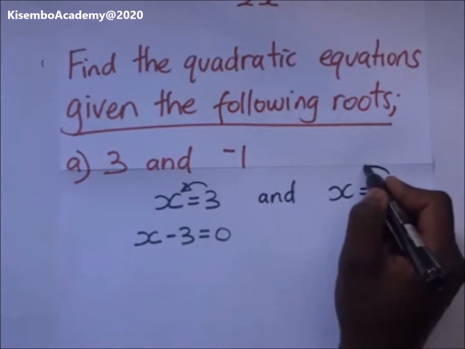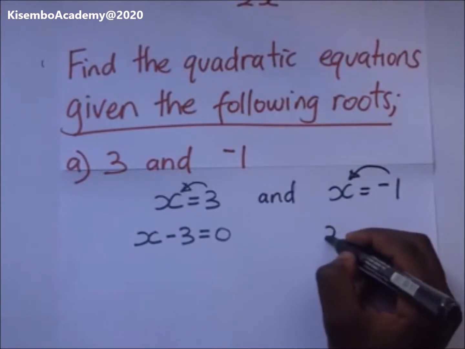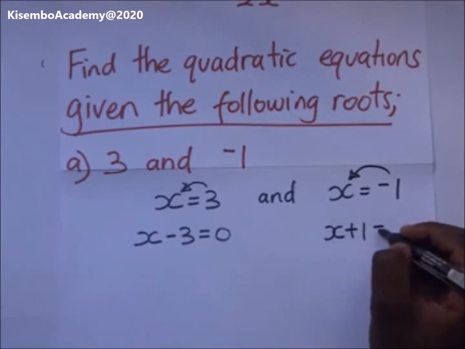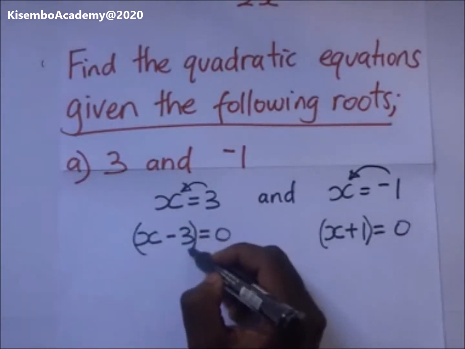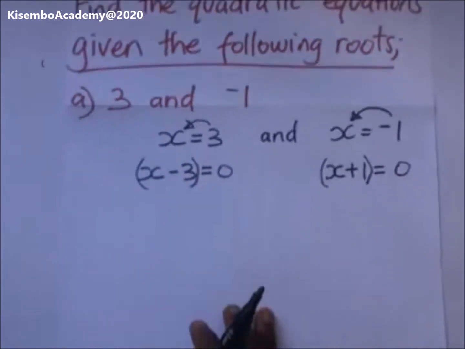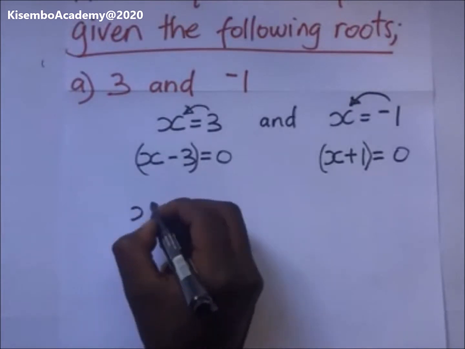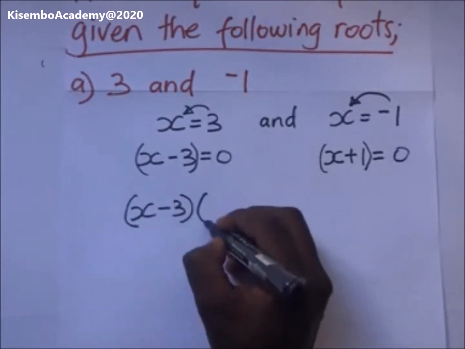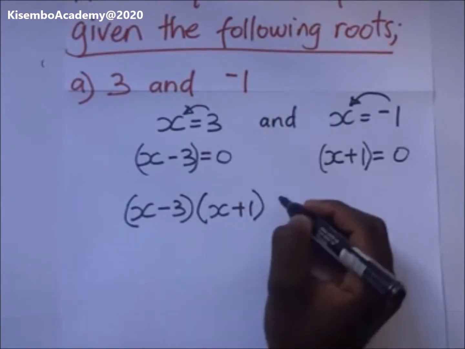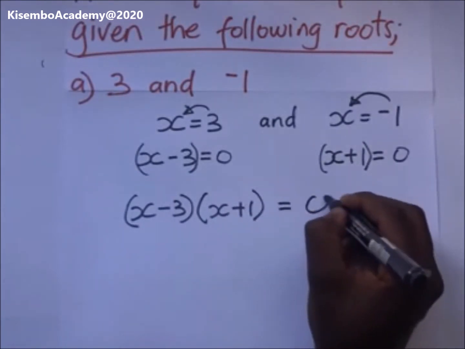Likewise, when we shift that negative 1 this way, it becomes x plus 1 is equal to 0. So now we have two brackets, and we go ahead and multiply them. So this becomes x minus 3 and x plus 1 is equal to 0.